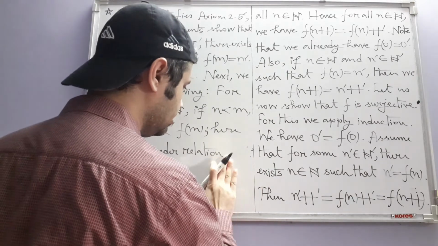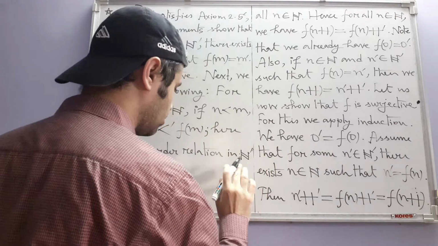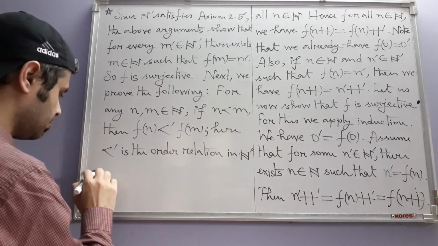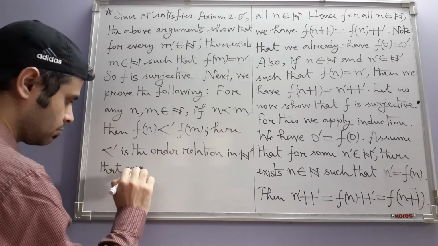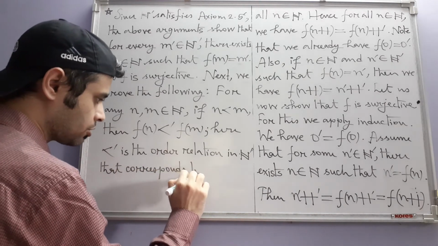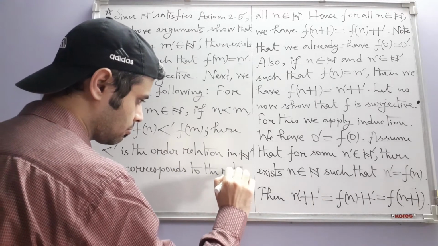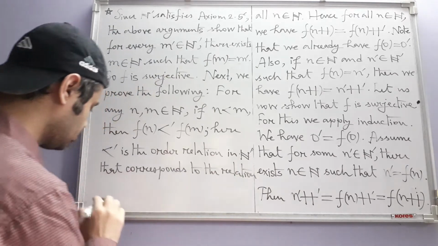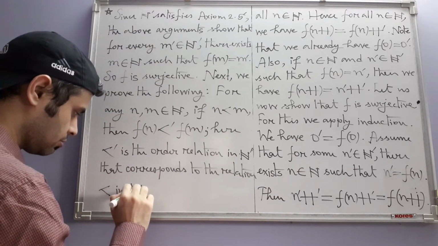Okay, so this is an ordered relation in the alternative natural number system that corresponds to the relation in this.